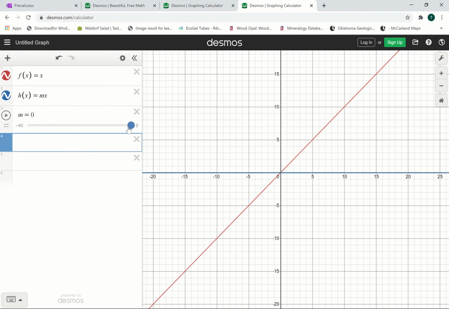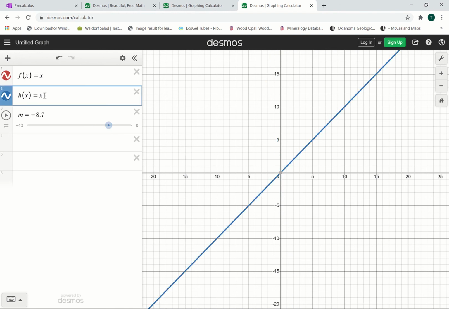We would be coming from this way, and as we're getting smaller and closer to 0, we're getting closer and closer to the x-axis. But when we go beyond 0, it's going to become flipped over, and it will get closer and closer to the y-axis, but it will never reach it.